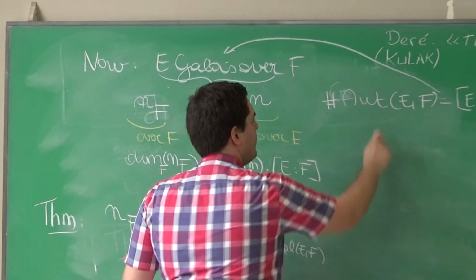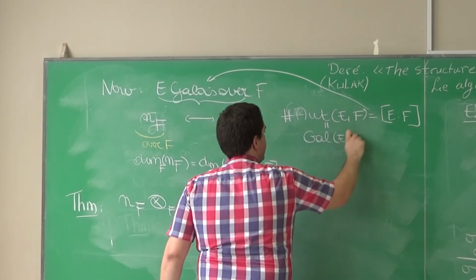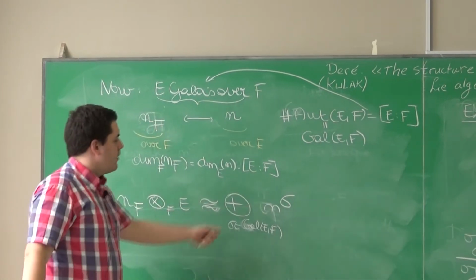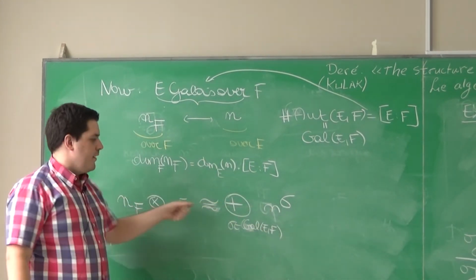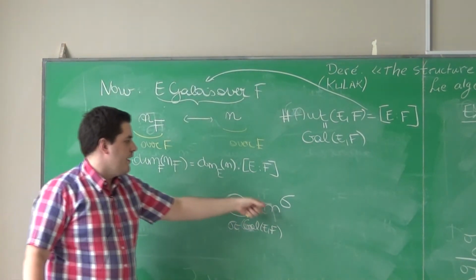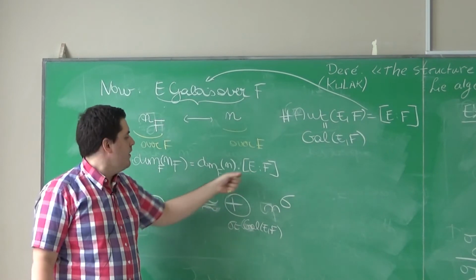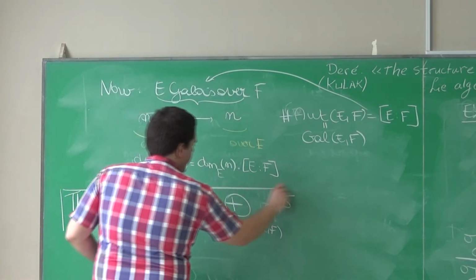So if this order is maximal, you usually write this as Gal(E/F), the Galois group. And so you take all the conjugate Lie algebras, you make a direct sum of them, then this one is equal to that one. And it makes sense because the dimension is the same. Here you take this number of copies of that one, so they have the same dimensions, and they are really isomorphic.